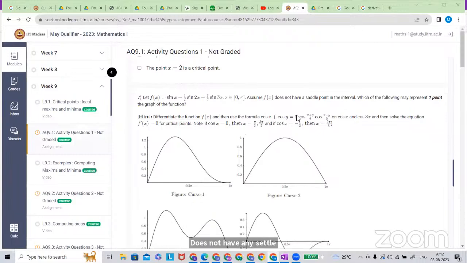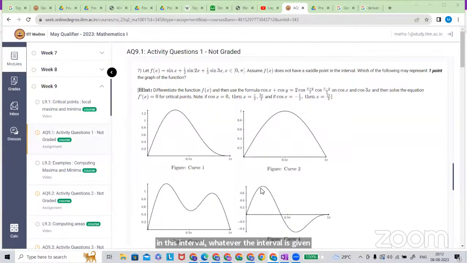That means in the given interval, whatever critical point you have will be a maxima or minima. In other words, it can be a maxima, minima, or turning point. It does not contain any saddle point.